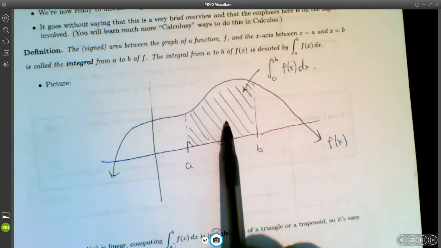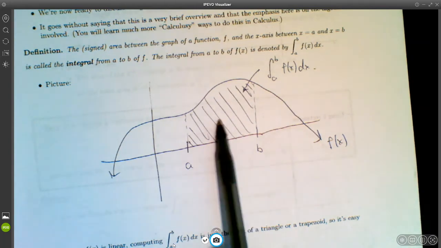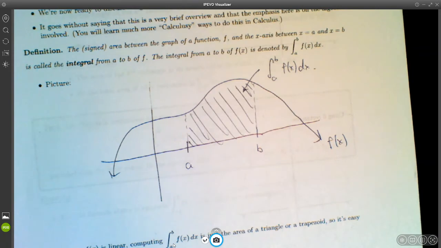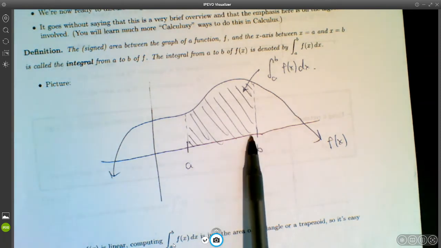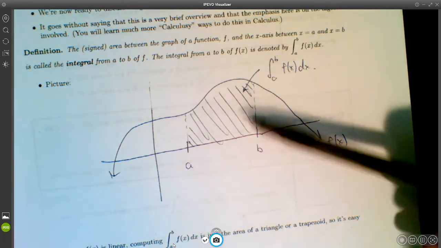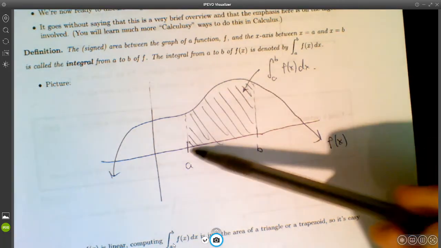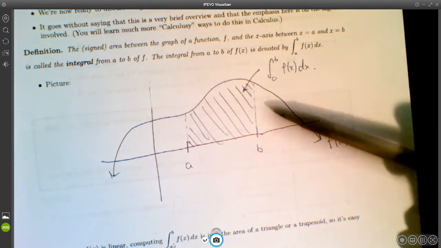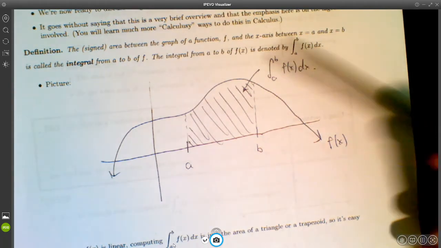Now, why are we interested in these things? Well, lots of reasons. You'll see applications of these things in calculus. One of the applications actually is a statistics thing, because it turns out that the probability that some value is between a and b is equal to the area between the curve of the probability density function and the x-axis. So in probability and statistics, you do a lot of this kind of integration.